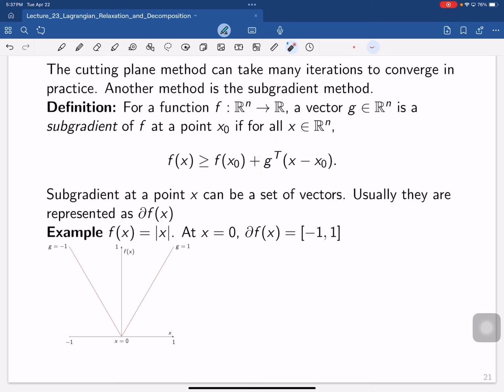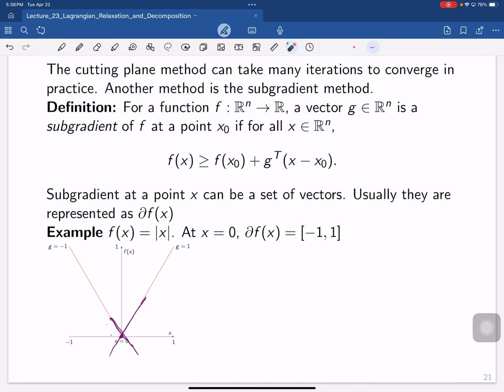So at this particular point, what is a valid subgradient here? It is anything between -1 and 1 that can under approximate this convex function. So the subgradient here is from -1 to 1. If you look at this form, it's very similar to the first order characterization of a convex function.